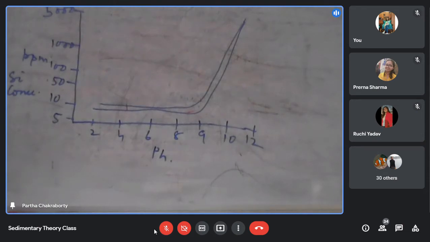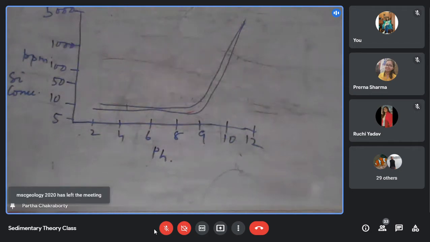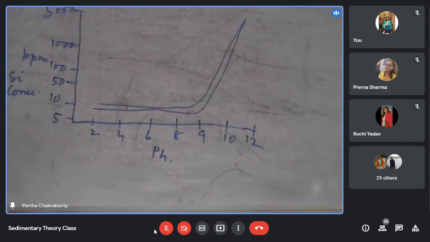So if I extend this observation to the marine condition, this I have discussed in detail when I was discussing carbonate, why there is a CCD. Because the seawater becomes more acidic with more and more dissolution of atmospheric carbon dioxide, because of lower temperature and higher pressure.